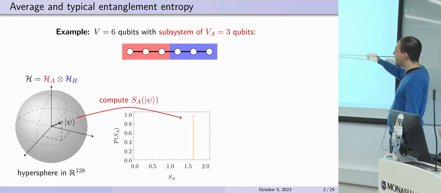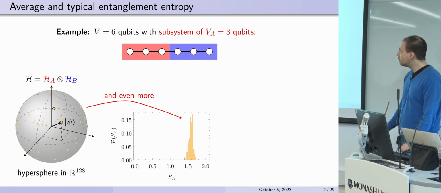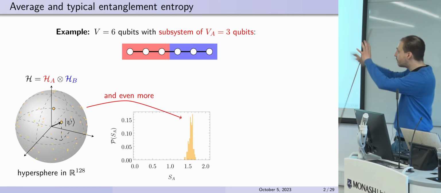Now let's repeat that for another state, and again we find a number. Let's do it for 100 more, distributed over that sphere. Now let's take the limit where we sample over all states on the sphere with respect to the natural measure, the so-called Haar measure, and we get a statistical distribution of the entanglement entropy with respect to this system decomposition, studied for all states.